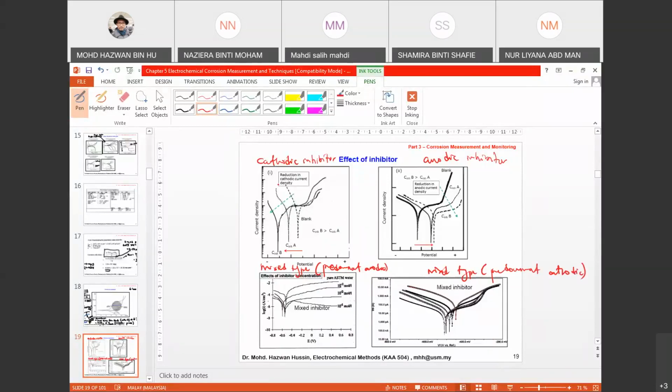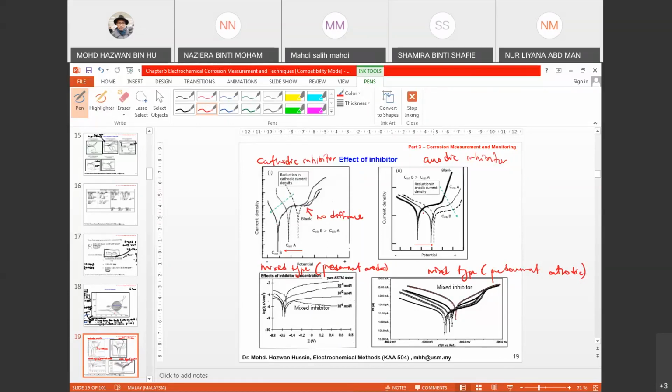So cathodic inhibitor means that you didn't see much difference for the anodic. You'll see that over here, no difference, almost the same. It's almost overlapping each other. Meanwhile, over here, you will see that there's a tremendous difference in terms of cathodic current density.